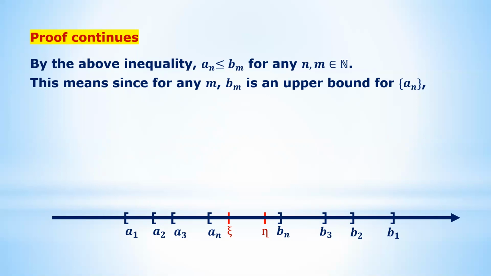No matter what N you choose, all the terms AN are always less than or equal to BM. So every BM is an upper bound of AN. It's obviously implied by this inequality.